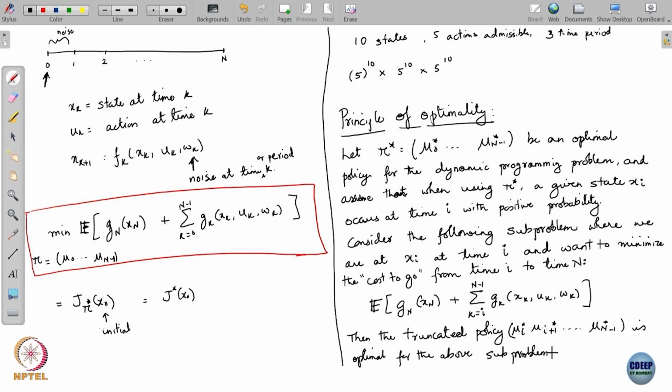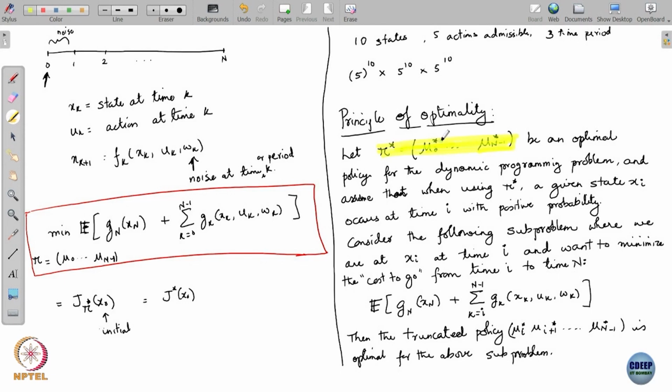So, what is this principle of optimality saying? Let's go through this carefully. Suppose your pi star is the optimal policy. I am going to take this as my optimal policy.